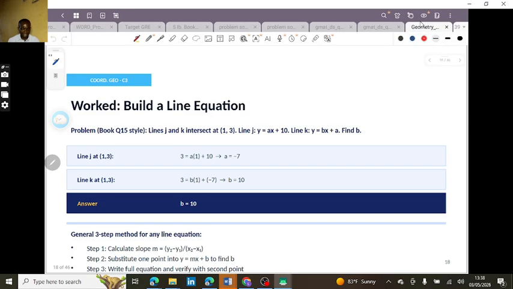Another way of viewing it is that the point 1 and 3 is on both lines. That is, for this first equation, when x is 1, y is 3. And for the second equation, when x is 1, y is also 3. Then we can solve for a and b.